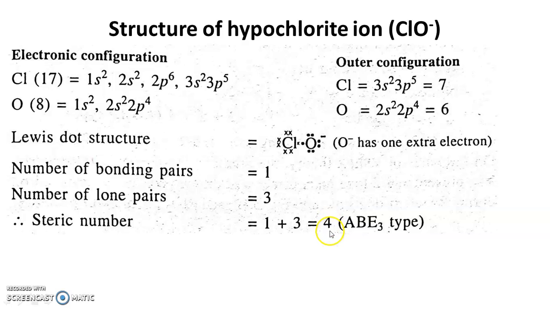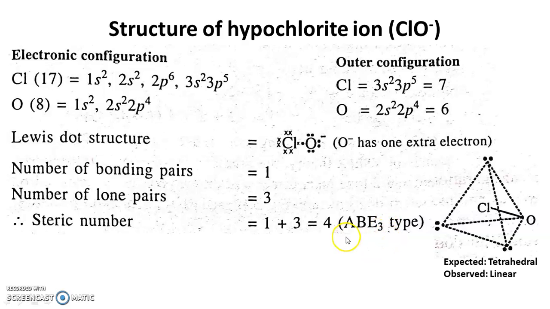The steric number is 4, and therefore this is an AB E3 type of molecule. E stands for lone pairs. There are 3 lone pairs, and therefore the expected geometry is tetrahedral, with chlorine at the center of the tetrahedron, and out of 4 corners of the tetrahedron, 1 corner is occupied by oxygen.